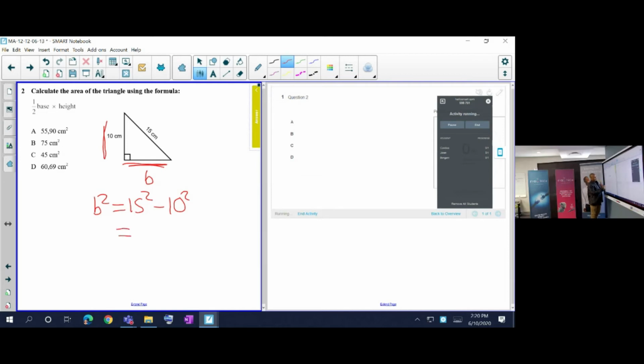And from your calculator, 15 squared will give you something like 225 minus 100.